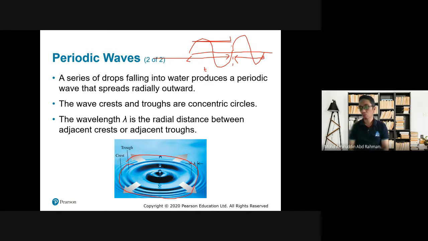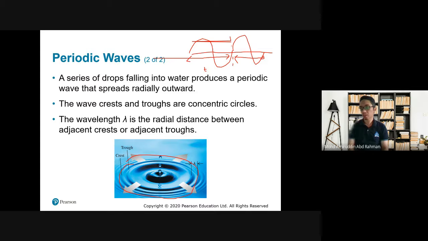You can see that there's a ring. Between ring number 1 and ring number 2, that's a wavelength, which is the radial distance between adjacent crests or adjacent troughs.